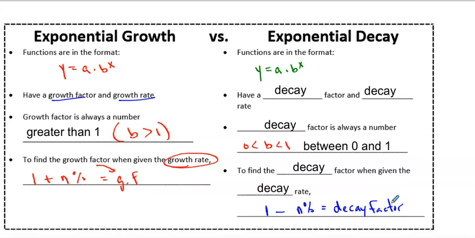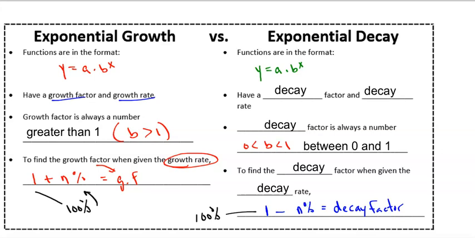Always starting with 100%, right? This 1 is my 100%, and then I add to it. Well, I'm starting with the same 100%, but this time I'm subtracting from it. And that's the difference between exponential growth and exponential decay.